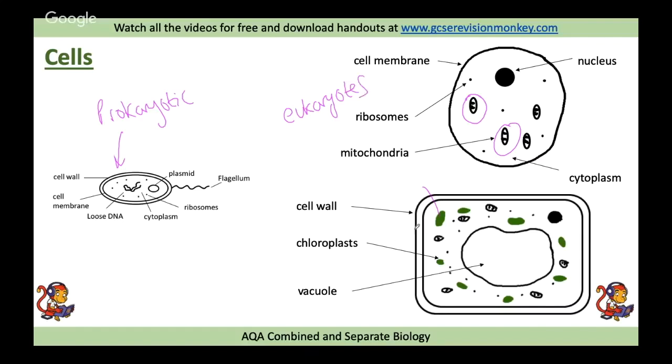Okay, the difference between plant and animals is that plants have the cell wall, the chloroplast, and the vacuole. They have all of the other things that the animal cell does, if you're asked to compare them. And the bacterial cell often has a loose bit of DNA and also sometimes has a ring of DNA as well called a plasmid. Not all of them, but some of them have a flagellum for moving.